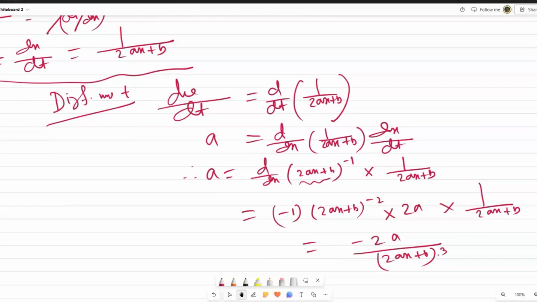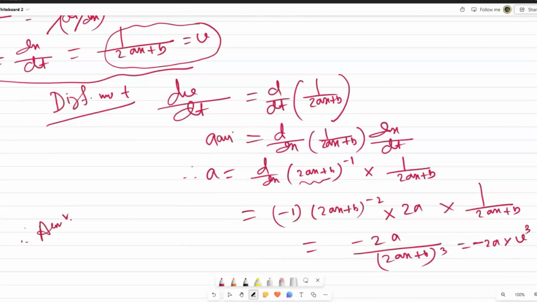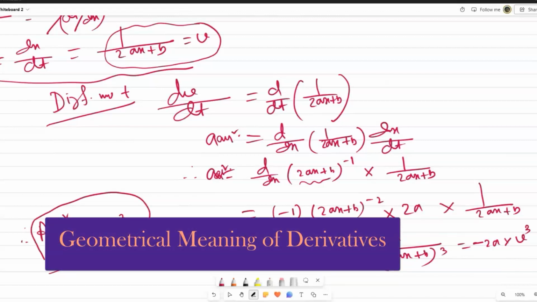Clear? That's why they are talking about retardation. We got minus sign here. So it is minus 2a into velocity we got here. Same expression I got here. Can't I write 2a v cube? So therefore, you write this in the form of acceleration, because a is there on the right side. So acceleration equal to minus 2a v cube. As acceleration is negative, it is retardation.